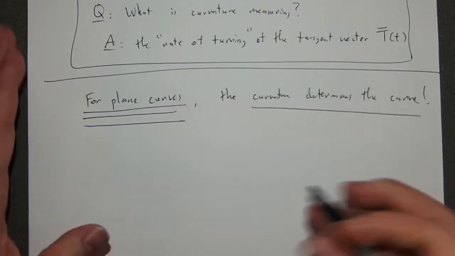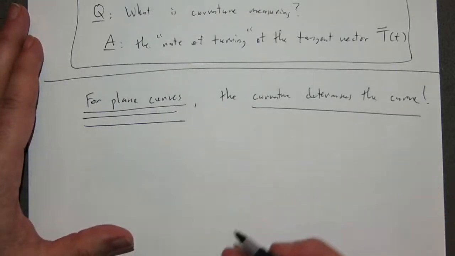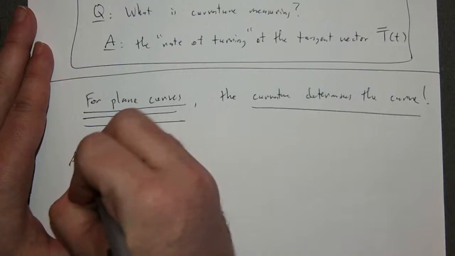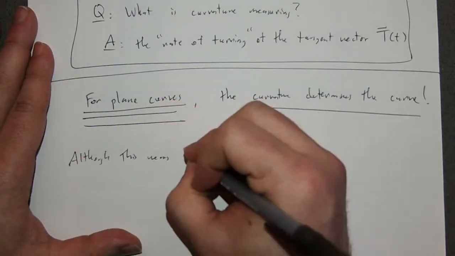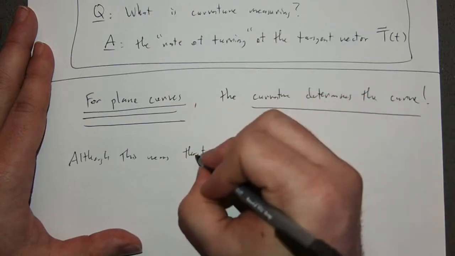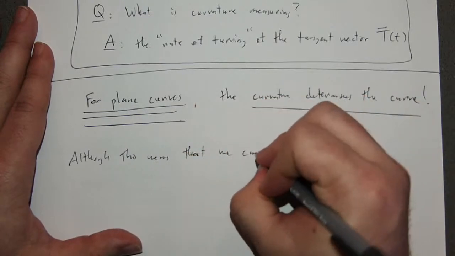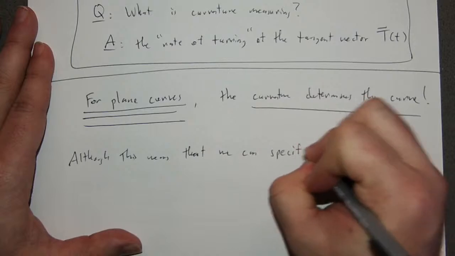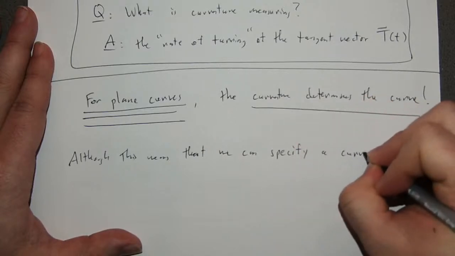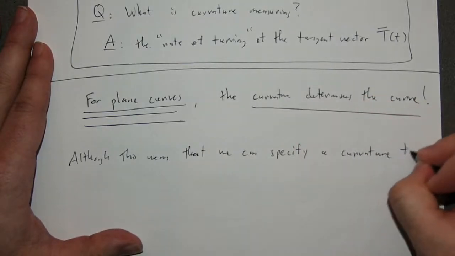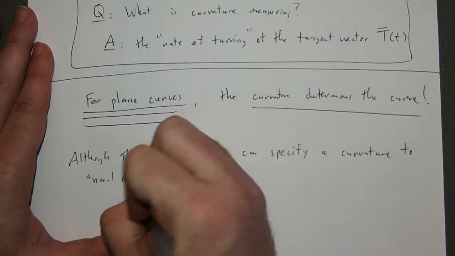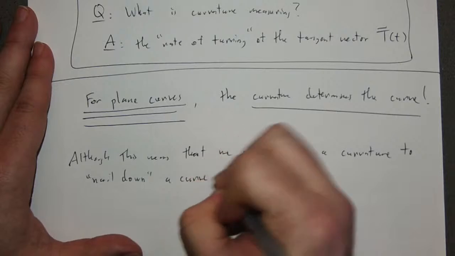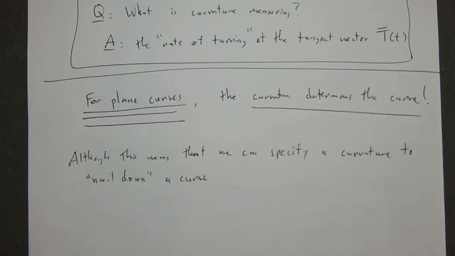But note, although this means we can specify a curvature to nail down a curve, what I mean by that is once you specify a curvature, there is basically one curve that has that curvature.